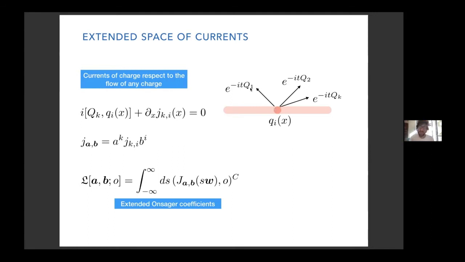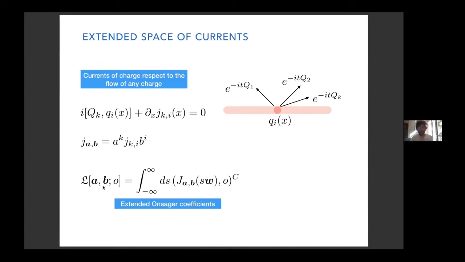We can consider the current induced by the flow of any of our conserved quantities in the system. We denote this by J^K_I, namely the current induced by the flow of the quantity K on the charge I. And it turns out that if we extend our space of currents to this, we have some very condensed expression for our hydrodynamic equation.